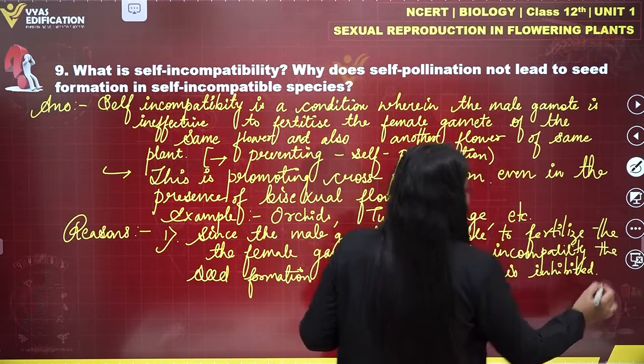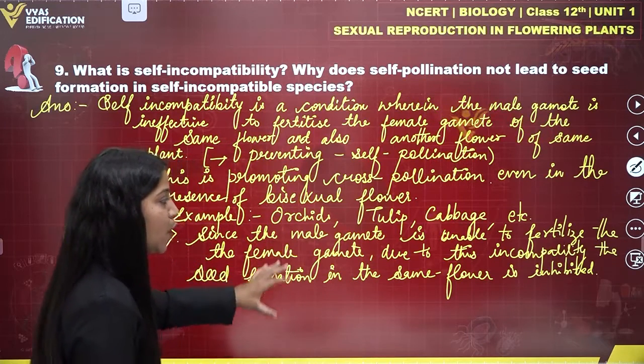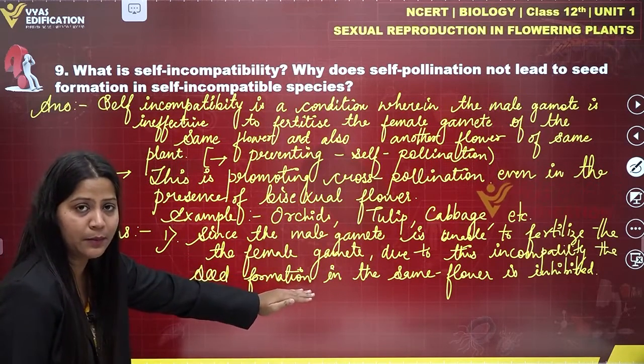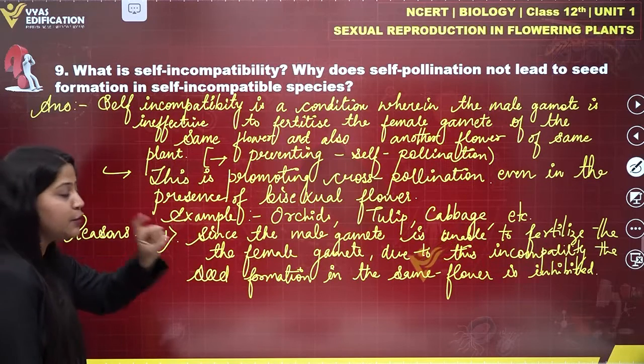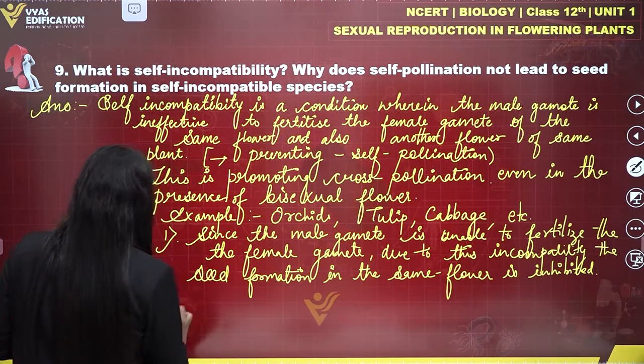The seed formation in the same flower will not occur because of the self-incompatibility, because the male gamete is unable to fertilize the female gamete.